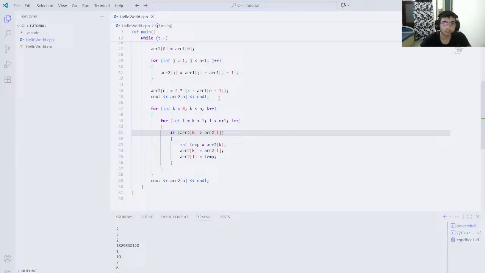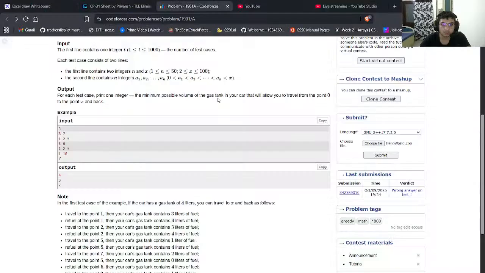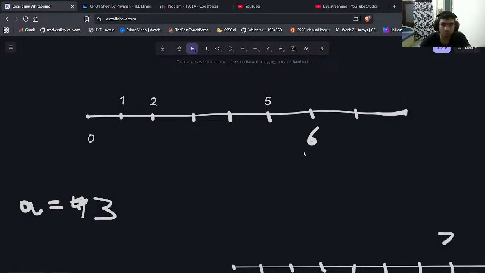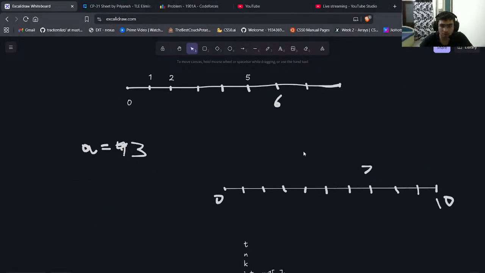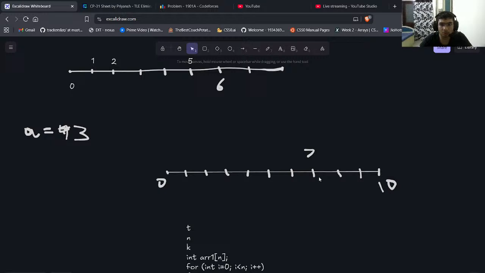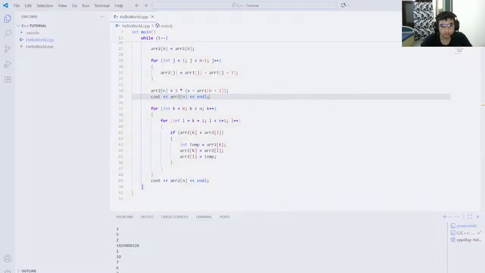Why is it giving a 6? Oh yeah, 6. That's why 6. Okay, that's fine.